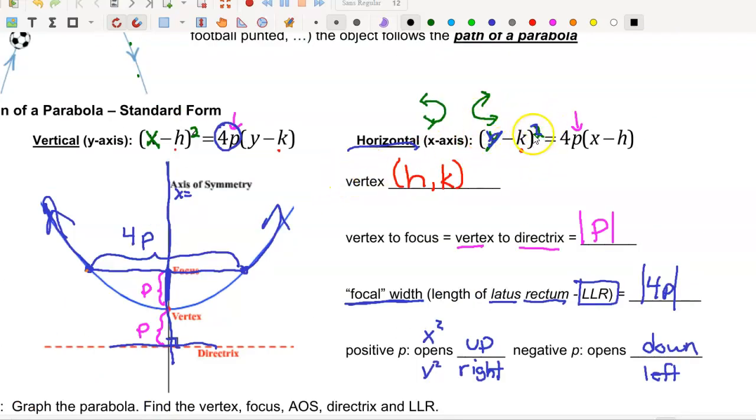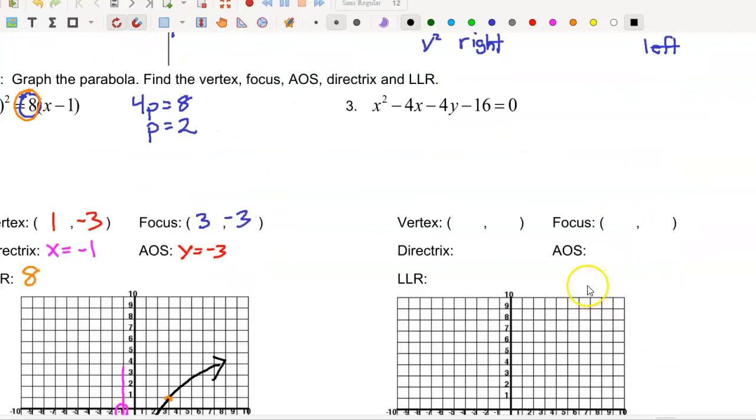Whatever variable it is, it goes on the left. The linear or non-squared terms go on the right. So I look at this and I have to decide, is it the x's or the y's that belong on the left-hand side? The x's are squared, so that stays on the left. The y and the number move to the other side.